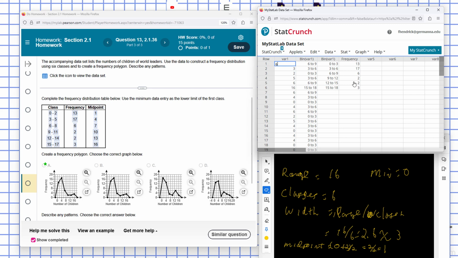Now they want to see here and make my midpoints. So my first midpoint is going to come from the upper limit plus the lower limit divided by 2. So I have 0 plus 2, it's going to be 2 over 2, which is 1. And I know my width is 3. So the next one will be 1 plus 3, which is 4.